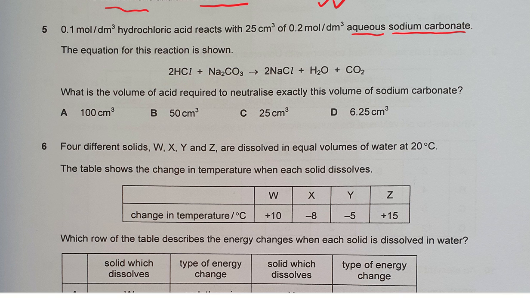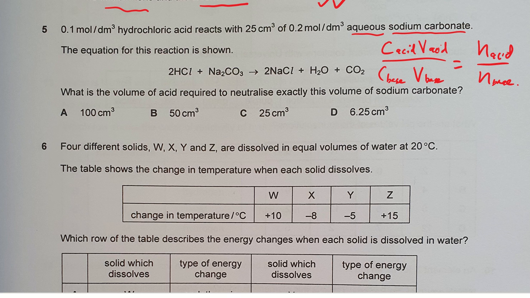Since this is a titration reaction, I can use our shortcut method, which is C acid V acid over C base V base is equal to number of mole of the acid over number of mole of the base. So I can use this formula.